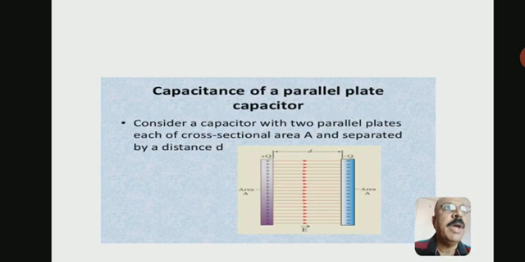Now next we come to know about the capacitance of a parallel plate capacitor. First, see the figure. Here two parallel metal plates are taken, separated by a small distance d. One has positive charge, the other has negative charge, and the area of the plate is taken as A. Consider a capacitor with two parallel plates, each of cross sectional area A and separated by a small distance d.